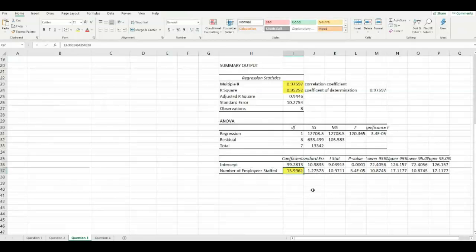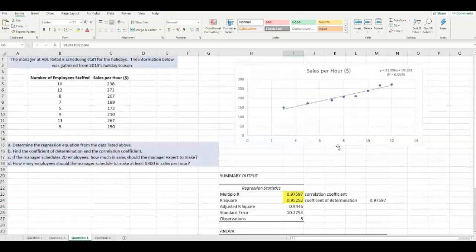So this amount in this regression output is going to be your slope. This 99.28, that's your y-intercept. Once again, that number matches what we have above with the equation of that regression line.